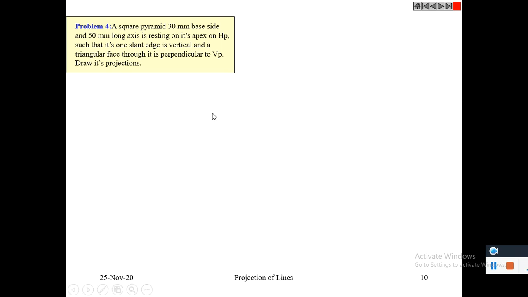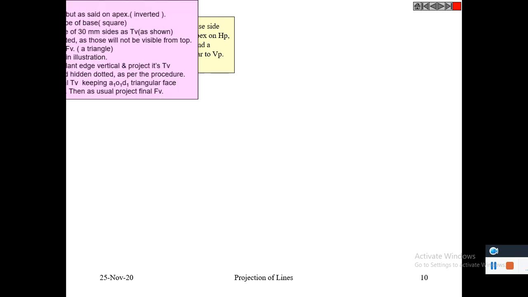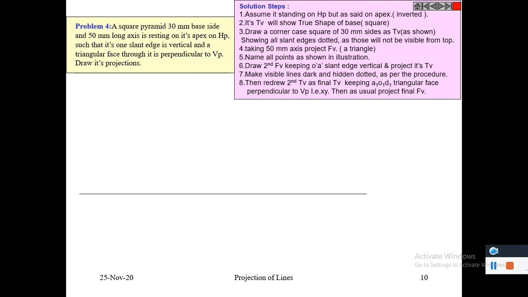A square pyramid 30 mm base side and 50 mm long axis is resting on its apex on HP such that its one slant edge is vertical and a triangular face through it is perpendicular to VP. Draw its projections. Draw the XY line, square pyramid.